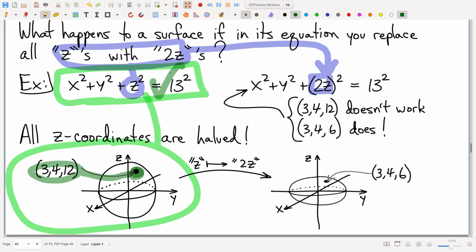It's a different equation. But we can get clever with it and point out that, yeah, it is a different equation, but if I were to look at the point 3, 4, 6, then that 6 goes in where the z goes, and it gets multiplied by 2 and becomes the 12 that already made the arithmetic work.